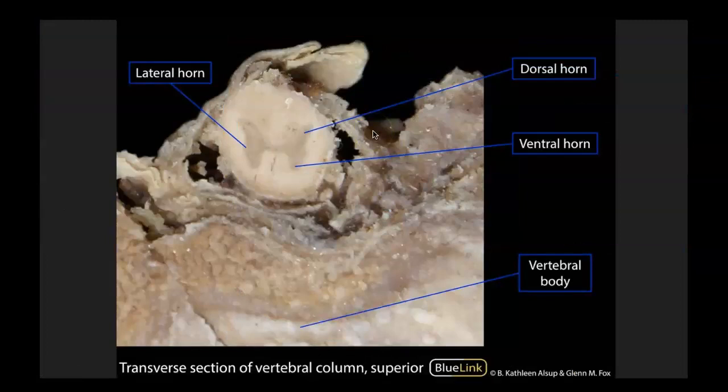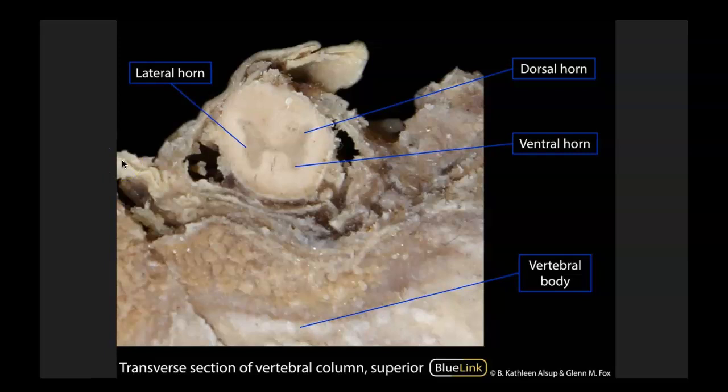So looking a bit closer here at that spinal cord cross section, if we look at this gray matter in here, we can identify the 3 different horns. The way you can identify whether you are looking at a dorsal horn or a ventral horn is to look for this vertebral body or look for extensions coming out representing your dorsal roots, which lead to your dorsal root ganglion.